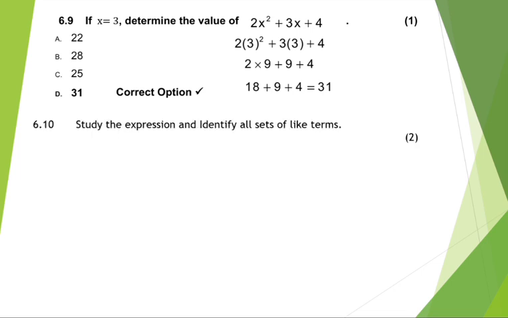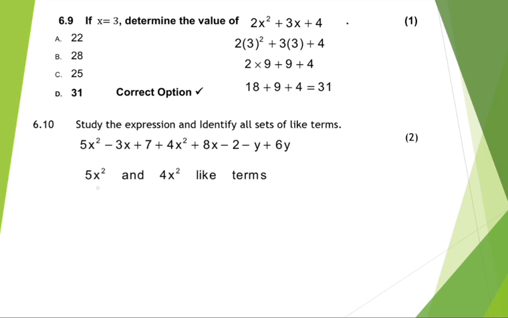Study the expression and identify all sets of like terms. The expression is 5x squared minus 3x plus 7 plus 4x squared plus 8x minus 2 minus y plus 6y. So we've got 5x squared and 4x squared are like terms.